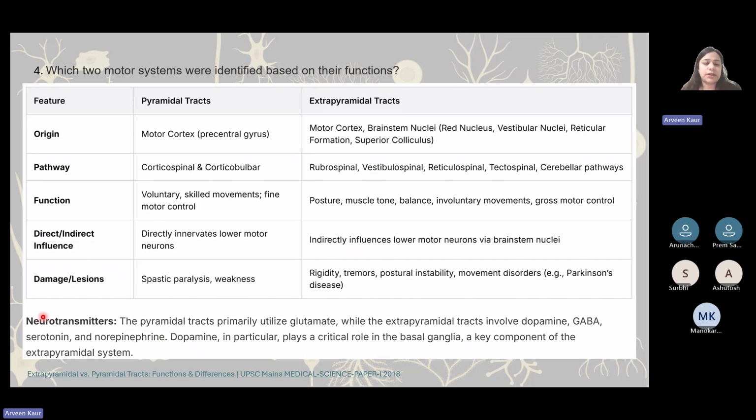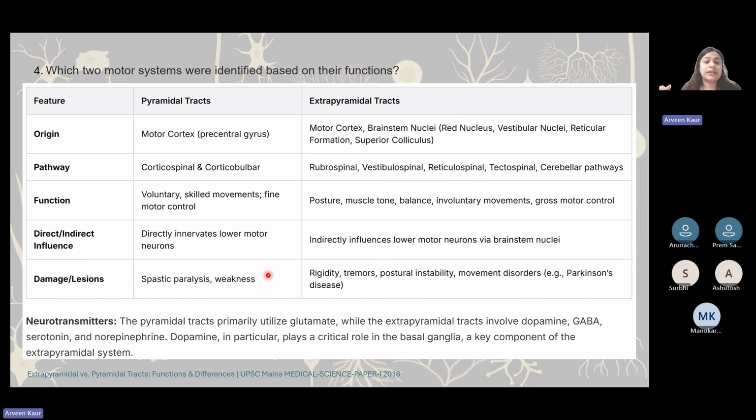Thereafter, if we talk about neurotransmitters, the pyramidal tracts primarily utilize glutamate, right? Over here, there is a direct transfer happening. They are utilizing glutamate, while the extrapyramidal tracts involve dopamine, GABA, serotonin, and norepinephrine. Dopamine, in particular, plays a critical role in the basal ganglia, a key component of the extrapyramidal system.